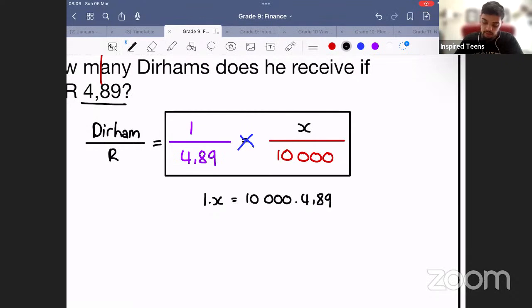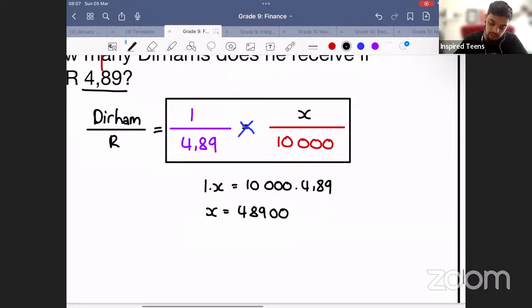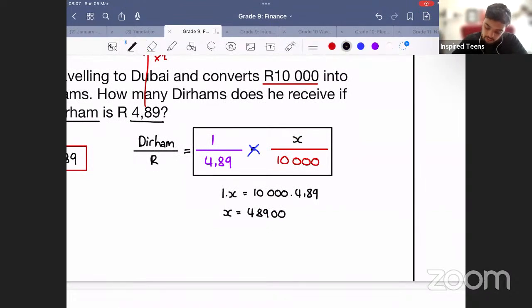Let's do this calculation: x is equal to 48,900, so it's 48,900 dirhams.